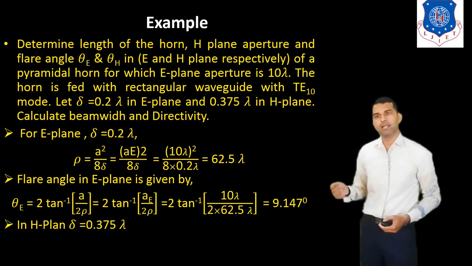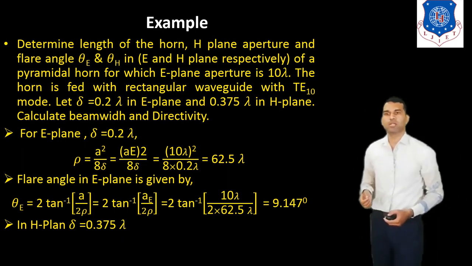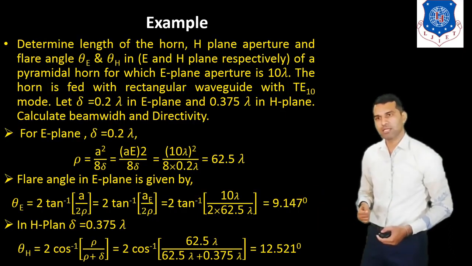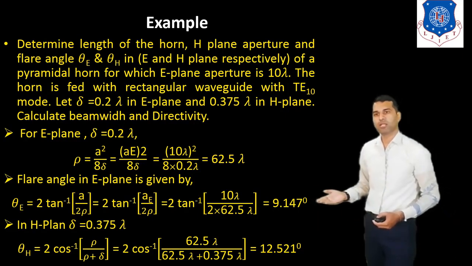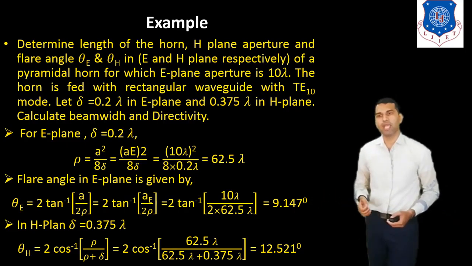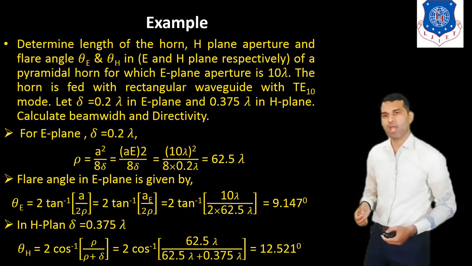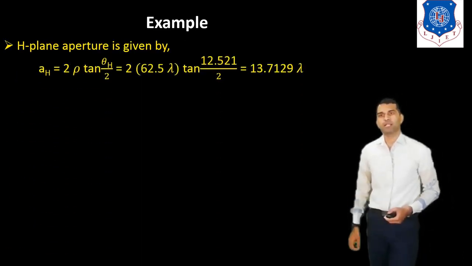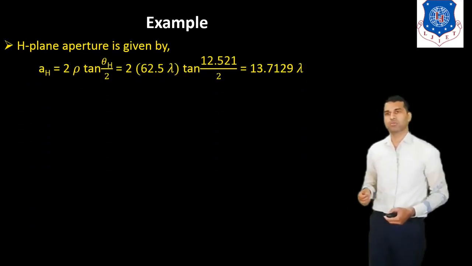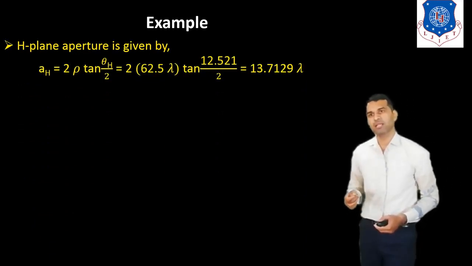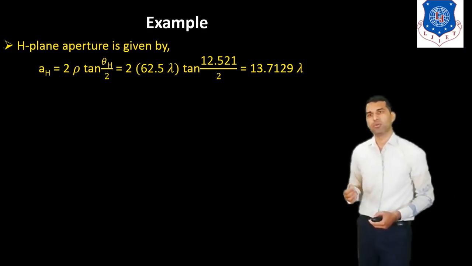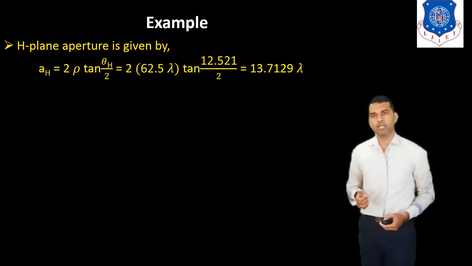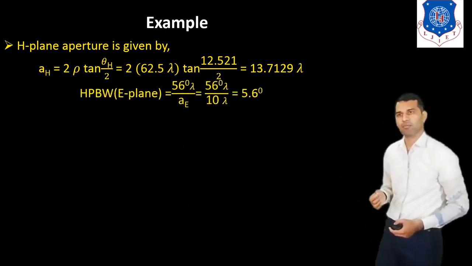In the H-plane, delta is given as 0.375 lambda. So we can also find the flare angle for the H-plane by putting the values of delta and rho, and we get theta H is equal to 12.521 degree. Now the H-plane aperture is given as aH is equal to 2 rho tan (theta H by 2). Putting the value of theta H, we get aH is equal to 13.7129 lambda.